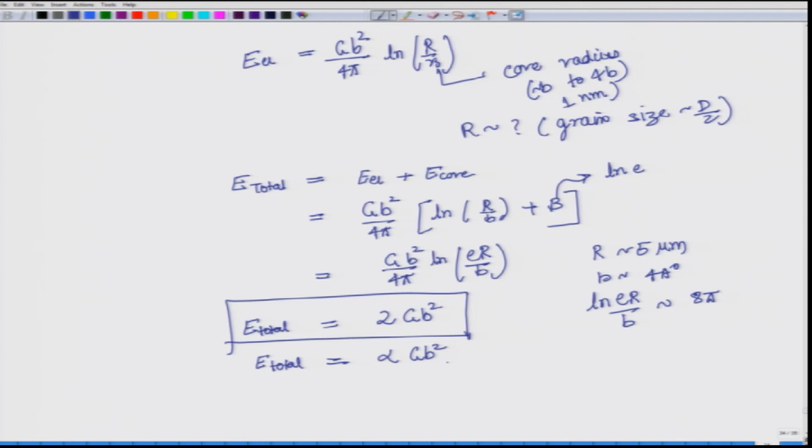So, E total becomes alpha G b square, where alpha is usually found to be of the order of 0.5 to 1.5. As a first order of approximation, E total is equal to G b square. And another thing that you would realize is that E core should always be less than 10% of E total.